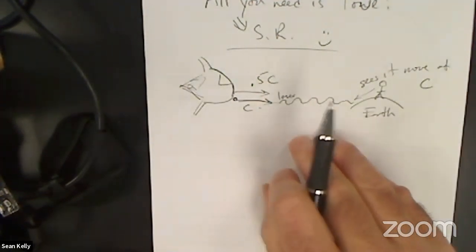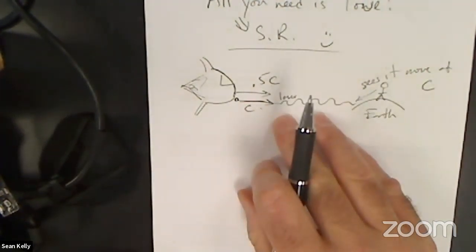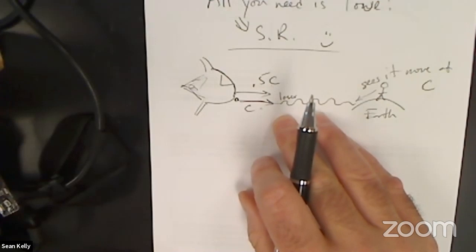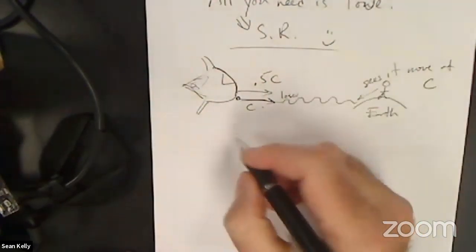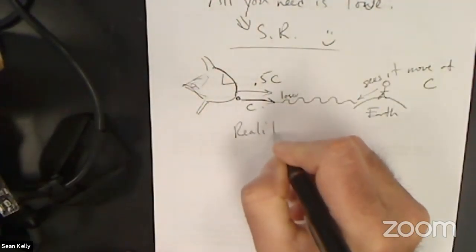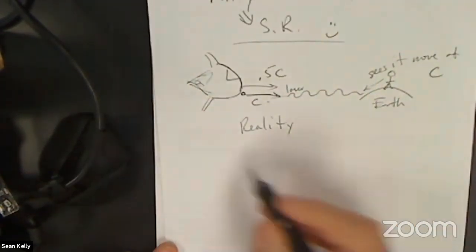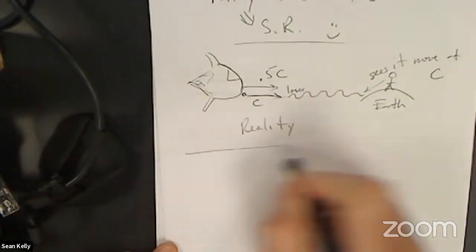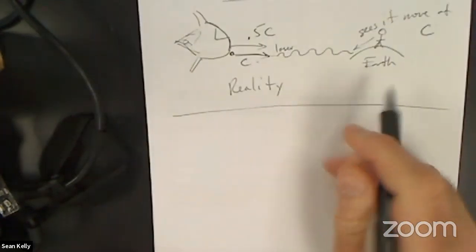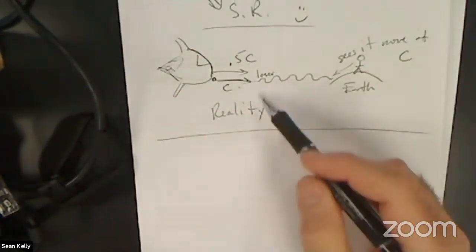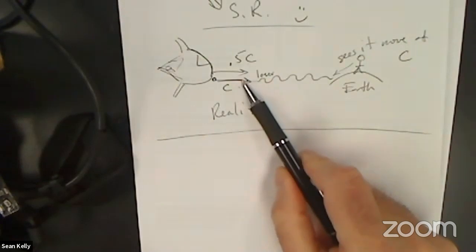Okay, this is weird, but let it go. It's just the way life is. This is reality. So this is the idea. The second one, the speed of light will always appear to be c.